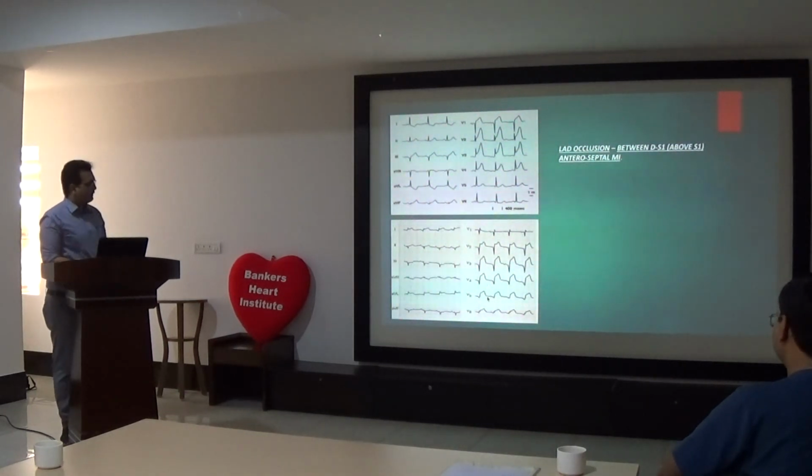Again in this case of an anterior wall MI, there is significant ST elevation in leads V2, V3, V4, leads 1 and AVL. Actually, this is labeled as an above D1 lesion, but this is not a classical ECG. Maybe on repeated or serial ECGs we can also get ST elevation in lead 1.